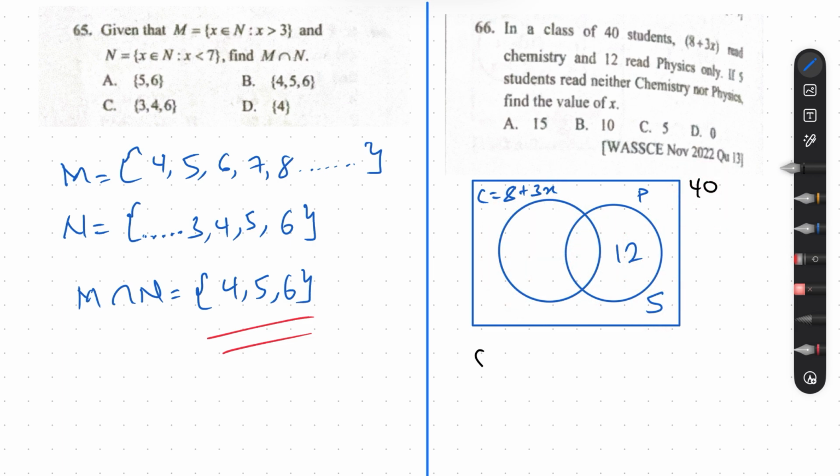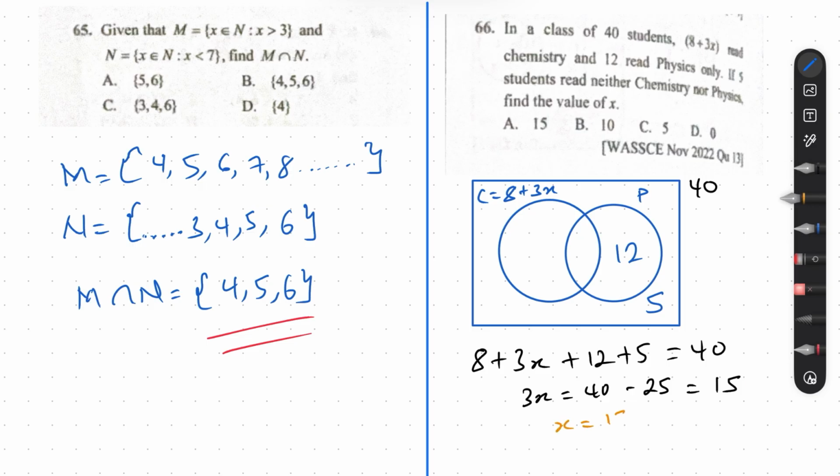So we have 8 plus 3x plus 12 plus 5 is equal to 40. So 3x is equal to 40 minus 25, which gives us 15. So finally, x is equal to 15 over 3, which gives us 5. And that is our answer.